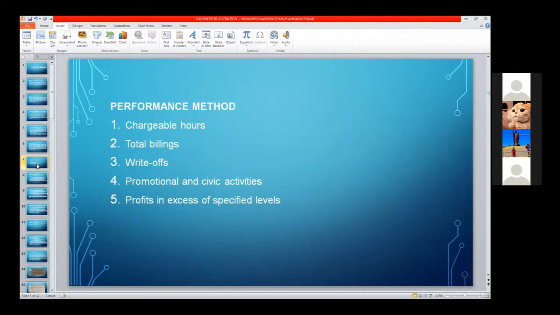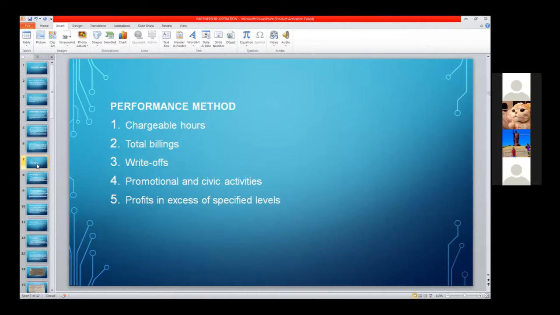Now, dito naman tayo sa performance method. So, many partnerships use profit or loss sharing that gives some weight to the specific performance of each partner to provide incentives to perform well. This allocation of profits to a partner on the basis of performance is frequently referred to as bonus.